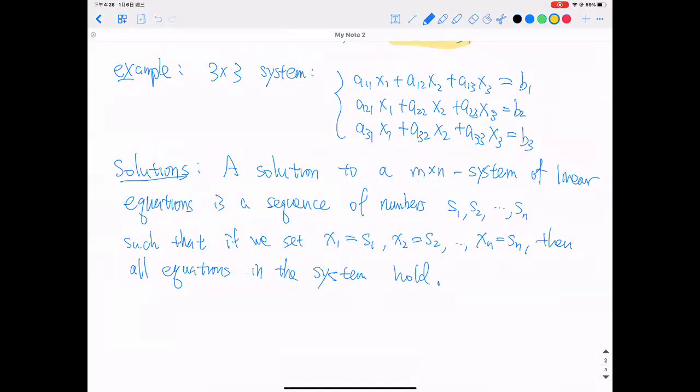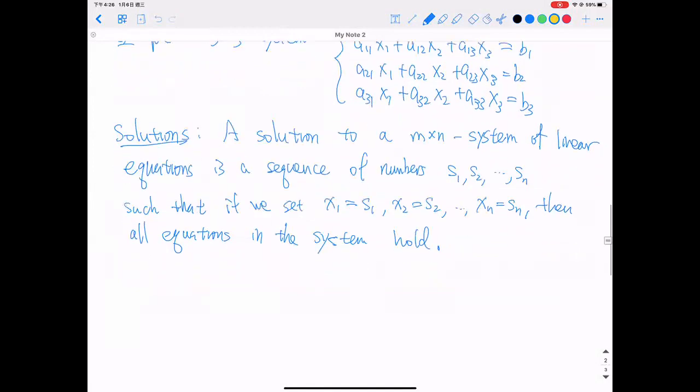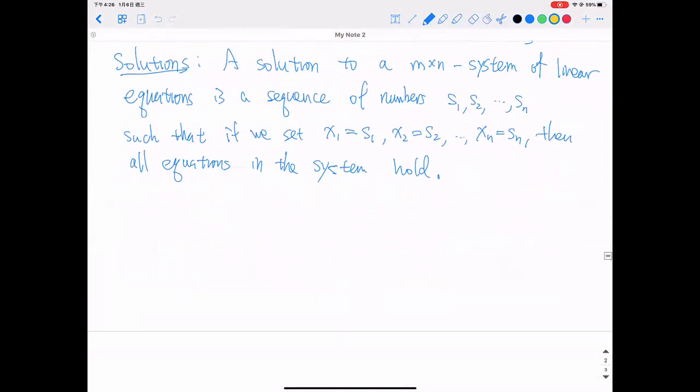So for example, if I have this system: 2x1 minus x2 minus 3x3 equals minus 1, and minus 2x1 plus 2x2 plus 5x3 equals 3.